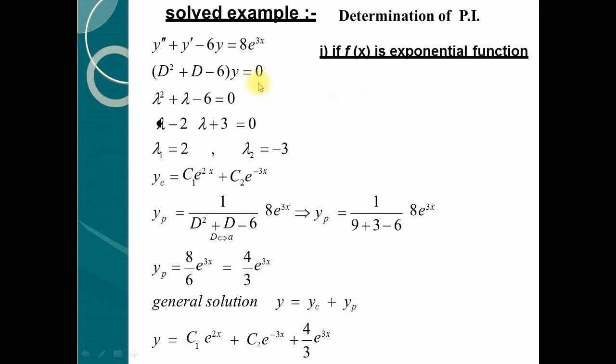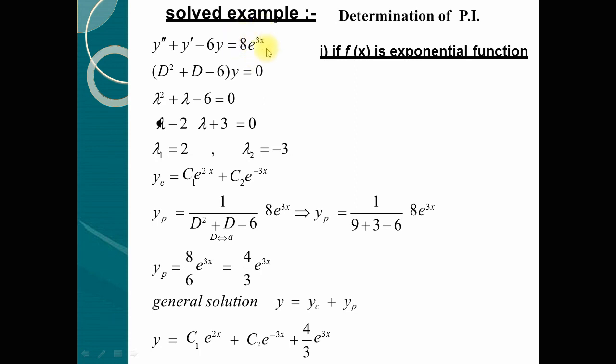The particular solution depends on the different types of this function f of x, which lies on the right hand side of this equation. When the right hand side function is in the form of an exponential, how do we find the particular solution?